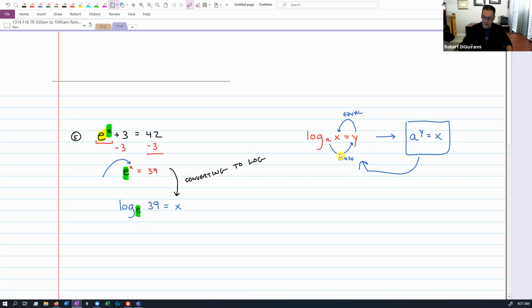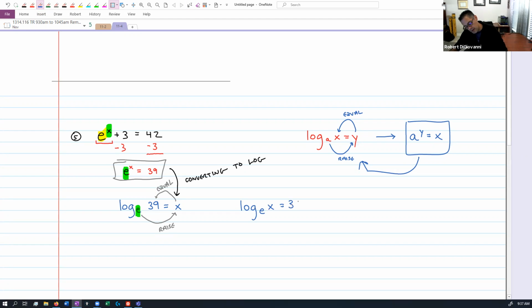If I were to ask you to do this little loop on this right now, you would take e, raise it to the x, and set it equal to 39. Isn't that what we have right here? Isn't that exactly what this says? e raised to the x equals 39. So I've written it down correctly. Let me show you. What if you did this instead?